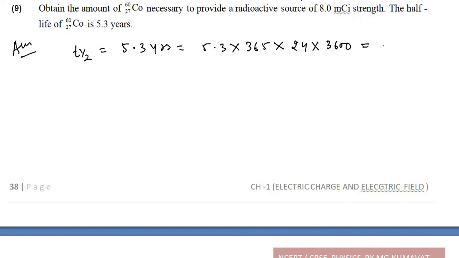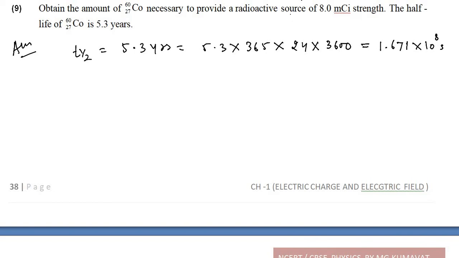So after multiplying we get the half life of cobalt in seconds, that is 1.671 multiplied by 10 to the power 8 seconds.